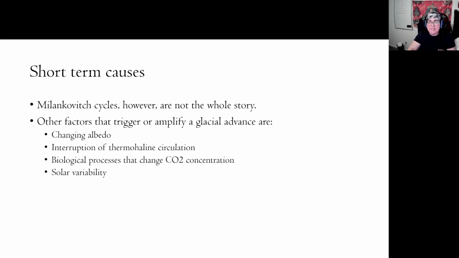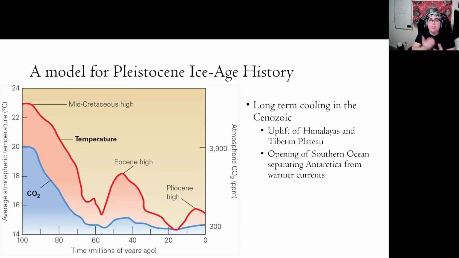Now that we've seen different causes for the formation of ice ages and these glacial and interglacial cycles, let's look at what happened for the Pleistocene ice age.